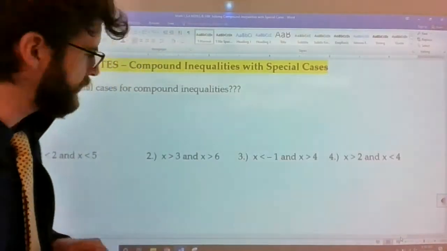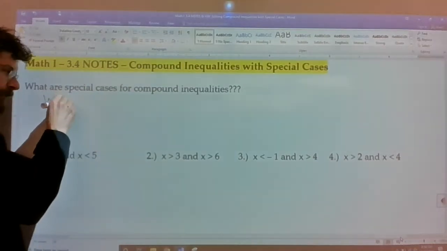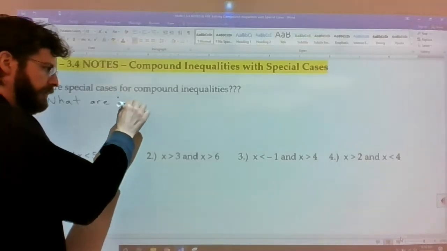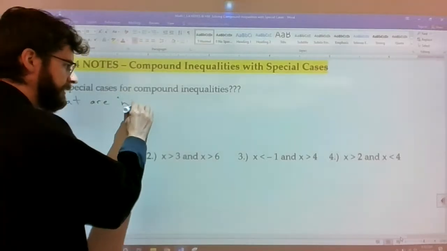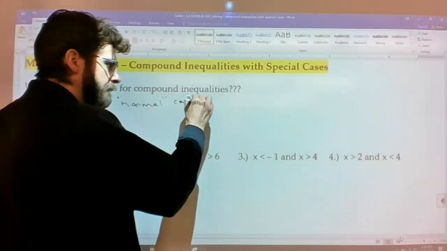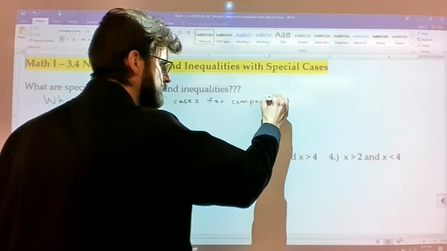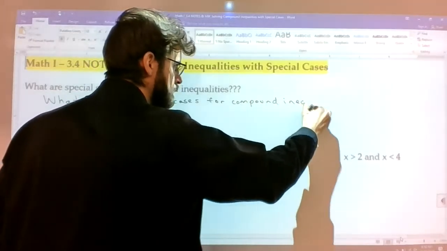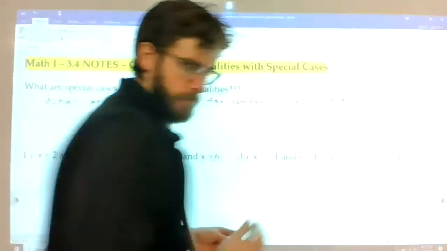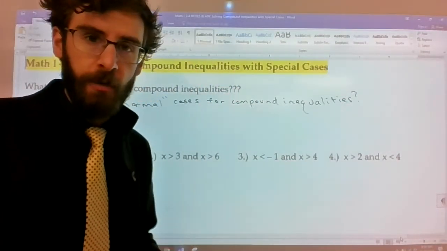So what are the normal cases? So I'm going to answer a question with another question. What are normal cases for compound inequalities? Because sometimes identifying the special ones requires you to really know the normal ones.